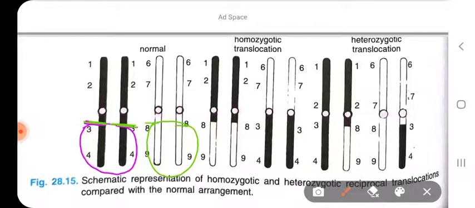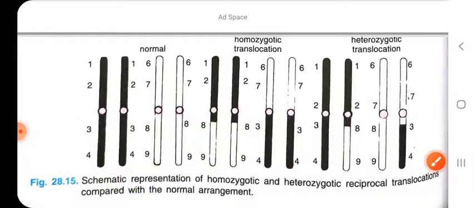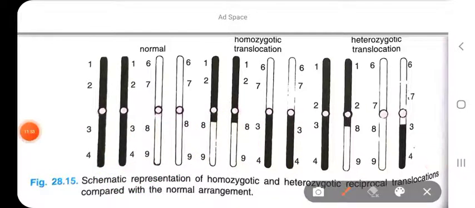Here also breaks are occurring and they are exchanging their segments, and thus we get this formation. So you can see 1 2 3 4, this is the arrangement of one homologous pair, and this is another homologous pair of chromosomes, 6 7 8 9.